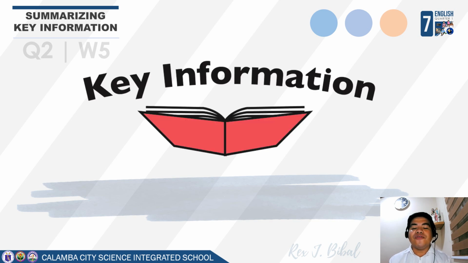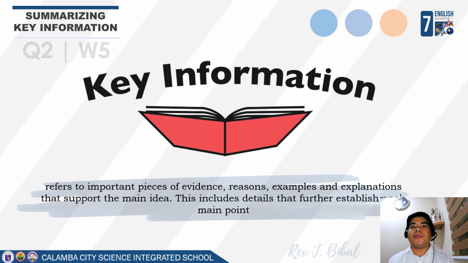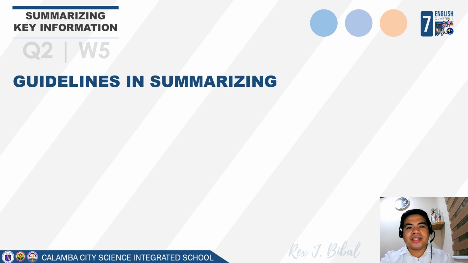Meanwhile, key information refers to important pieces of evidence, reasons, examples, and explanations that support the main idea. This includes details that further establish one's main point. Since summary is a shortened version which presents the gist of a specific material, it is important to consider these important guidelines when writing one.